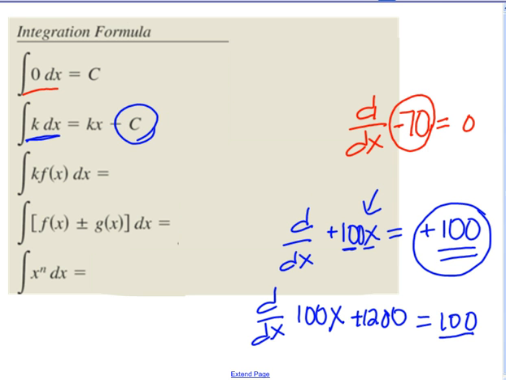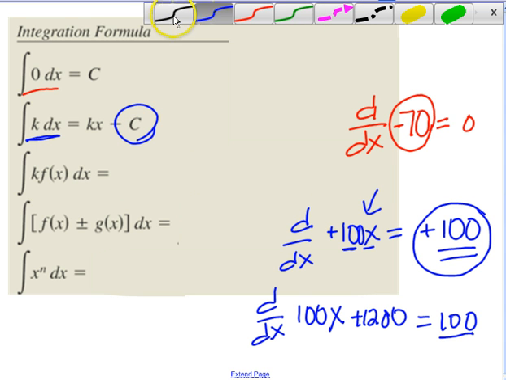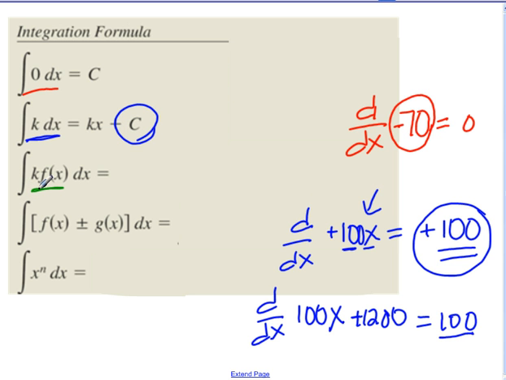Now in my next one, we're not going to think backwards. What we're actually going to do is think about how this relates to the constant multiple rule with derivatives. When I did the constant multiple rule with derivatives, if I had k f of x, what I knew when I took the derivative was that I could get k f prime of x. And what that meant was that I just took the derivative of the function and left the constant on the outside.